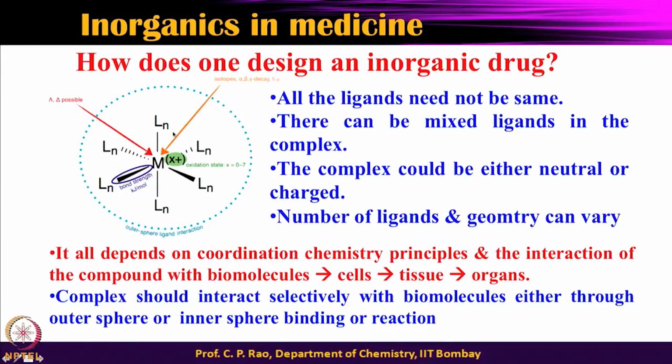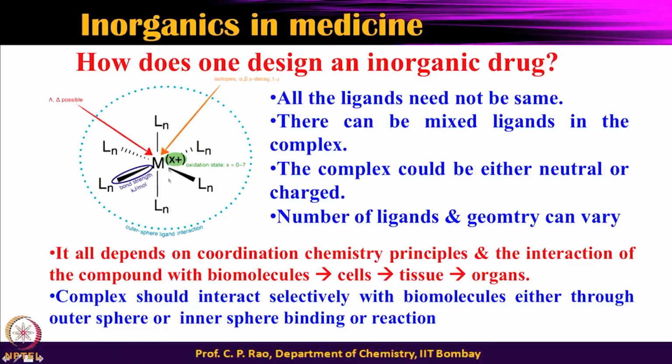Thus, you can have a plethora of inorganic complexes. We cannot call all of them drugs, only those which show activity on some enzymes, cells, tissues, or organs. Those we can call drugs, and all other things are simply inorganic compounds or inorganic complexes.